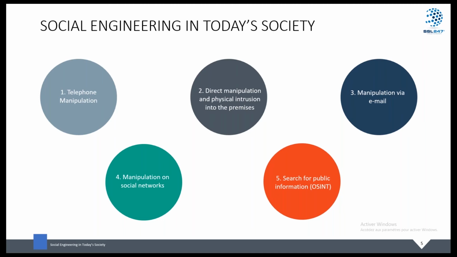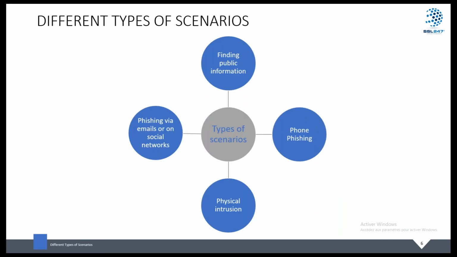This information can be gathered through public sources, so search engines, technical DNS lookups, and more and more on the dark web, where they can either gather information for free or pay to obtain it. I will go through each scenario one by one, and I will start with OSINT.